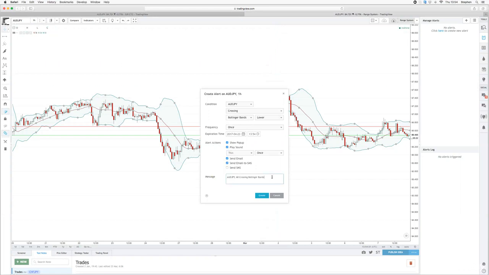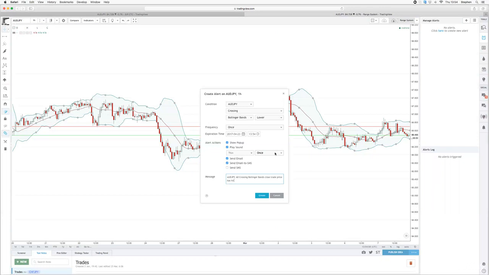Right, and we will write a message: close trade, price has hit. And this is the simplest way for your TradingView platform to send you a message, send you an email, even email to your phone, telling you that your trade has taken profit.